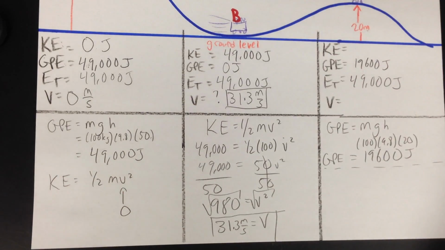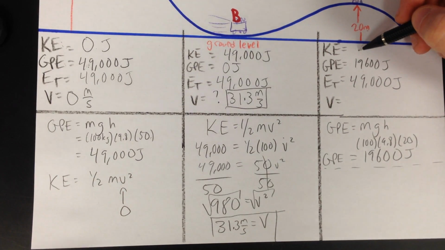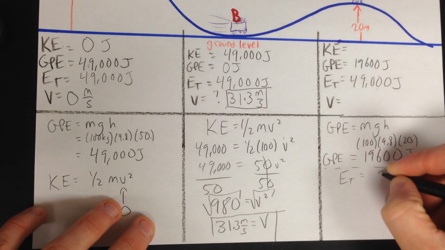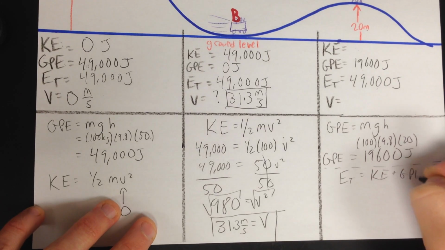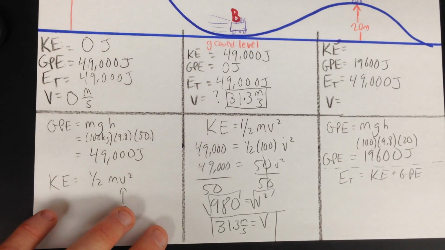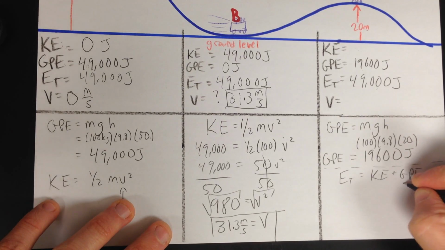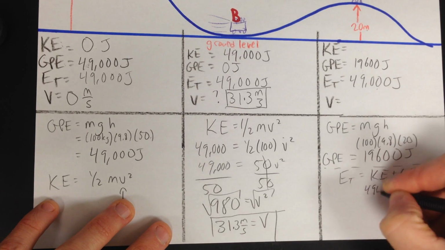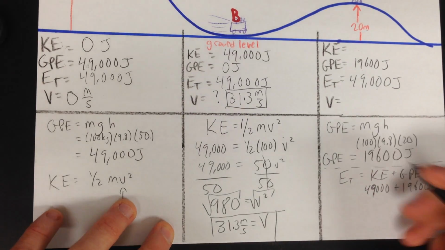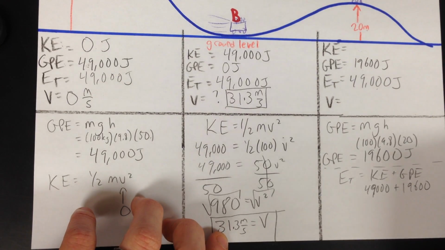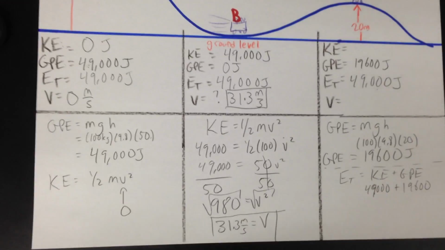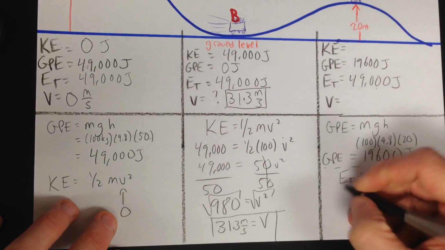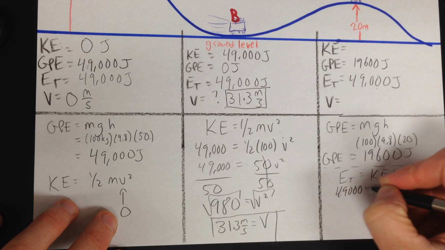Now, how much KE do you have? Well, the sum of GPE and KE is the total energy. If you add together GPE and KE, you get your total. So we just calculated our GPE is 19,600. Our KE is what we're looking for. And then our total we know is 49,000.